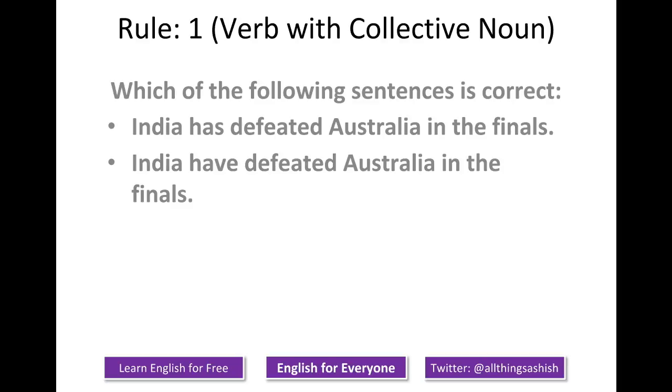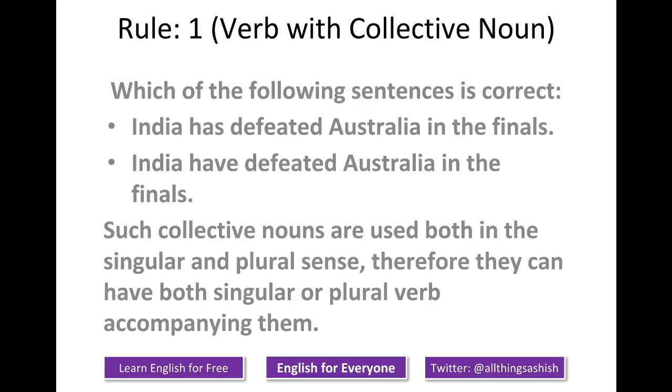And initially, it will seem to be an incorrect usage because India is a unit, a single unit. Why then are we using a plural verb have with it? Well, here is the thing. Collective nouns such as these are used both in the singular and plural sense, and therefore they can have both singular or plural verbs accompanying them.